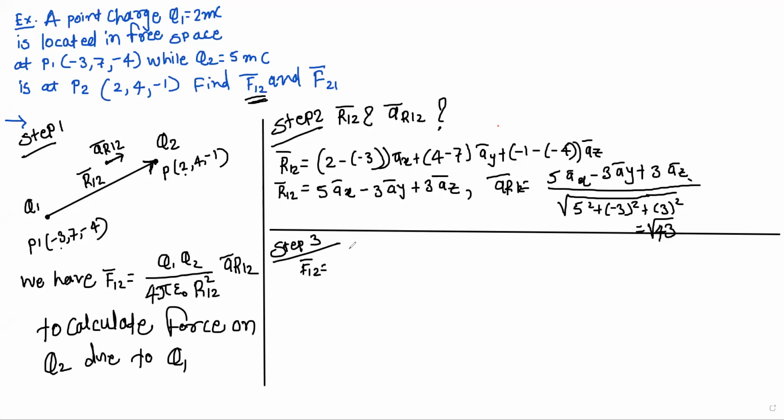F12 bar is equal to Q1 Q2 upon 4 pi epsilon naught R12 square A bar R12. Now put the values. What is the value of Q1? 2. Okay, so 2 millicoulomb, they have mentioned millicoulomb.